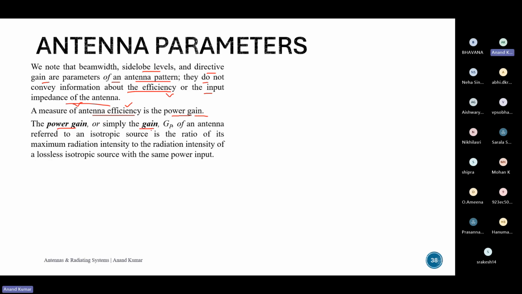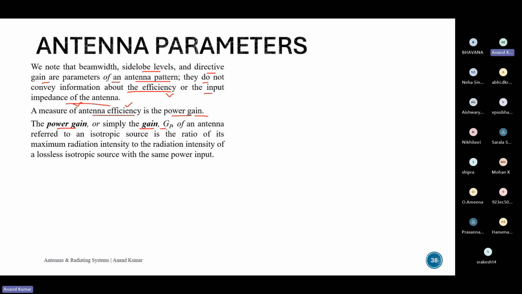Now, power gain or simply gain. Sorry, in the previous part I was saying gain. Power gain is the more realistic gain that we usually talk about. So there is one thing as directivity and there is one thing as gain. The directivity gives you some idea of where the gain would be maximum or where it is radiating maximum. But gain encapsulates more terms, for example the efficiency or the mismatch losses. All those are encapsulated in the power gain, or simply the gain.